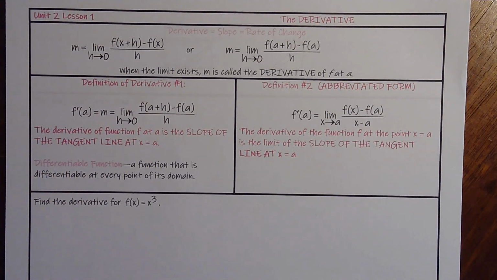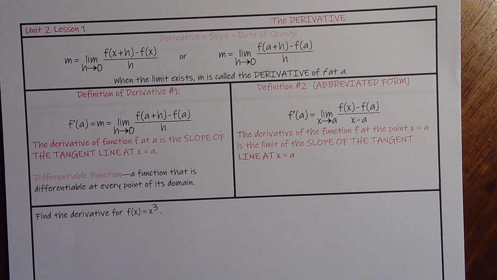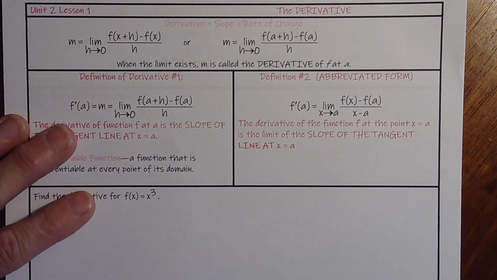All right, so we're beginning Unit 2, and Unit 2 is all about the derivative. In our previous unit, we talked about limits and continuity, and we talked about rates of change, that being average rate of change and instantaneous rate of change.